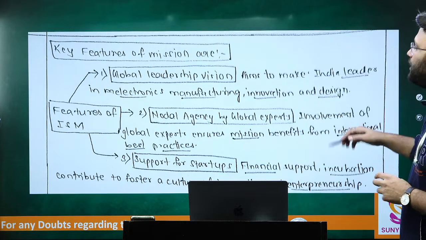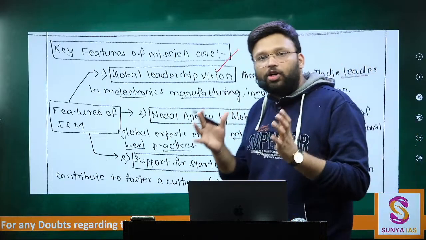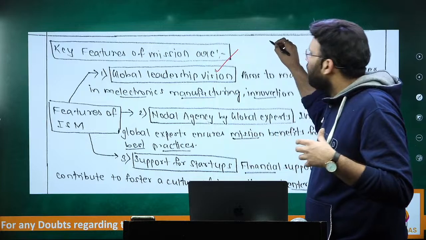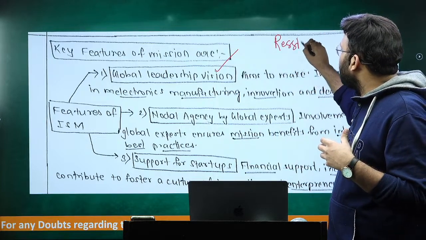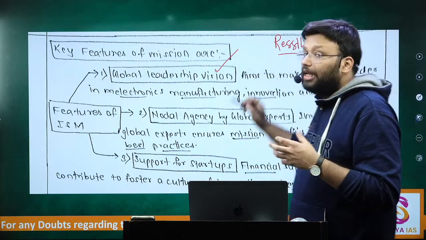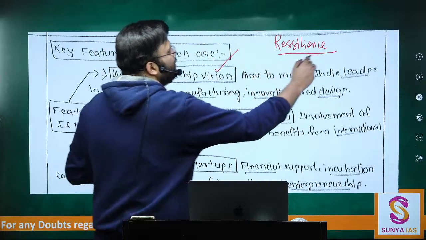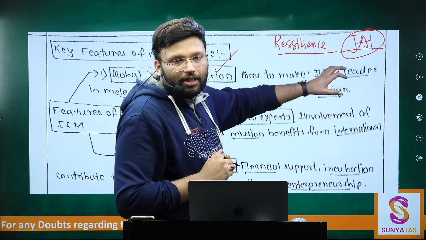Then what are the key features of the mission? Global leadership, how we want to become part of the global supply chains, right? We have a mission to go for resilience in supply chain. What are we doing for that? We have also signed a treaty with Japan and Australia under the Japan Australia India trilateral. इसके अंदर हम क्या कर रहे हैं?